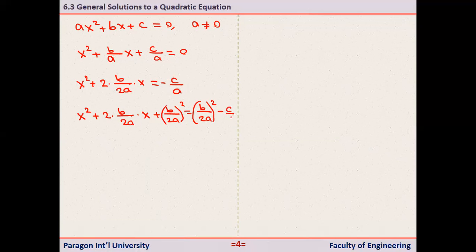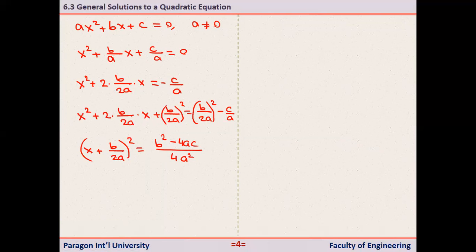On the left hand side, we have a perfect square, a squared plus 2 times a times b plus b squared, so we can just write it as x plus b over 2a squared. And on the right hand side, if you simplify this, we have b squared, and in the denominator we have 4a squared. To get 4a squared here, I should multiply by 4a, so here we have 4ac over 4a squared.